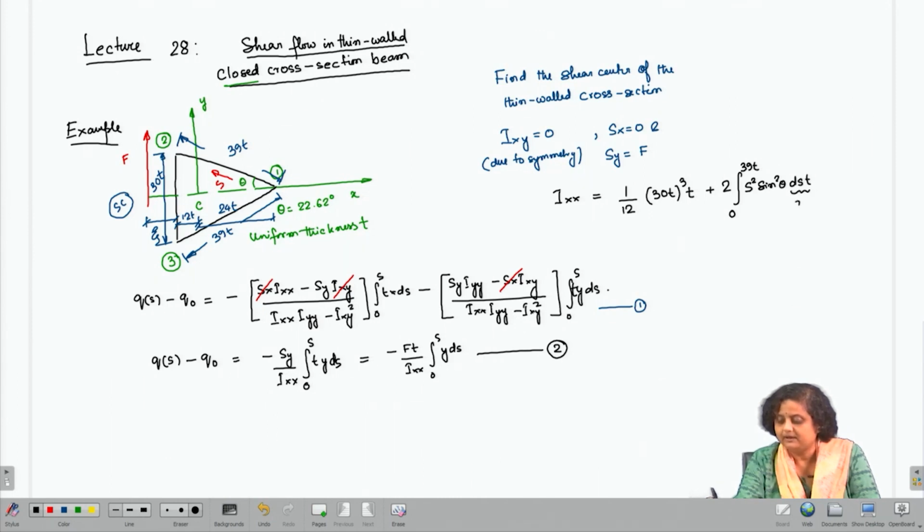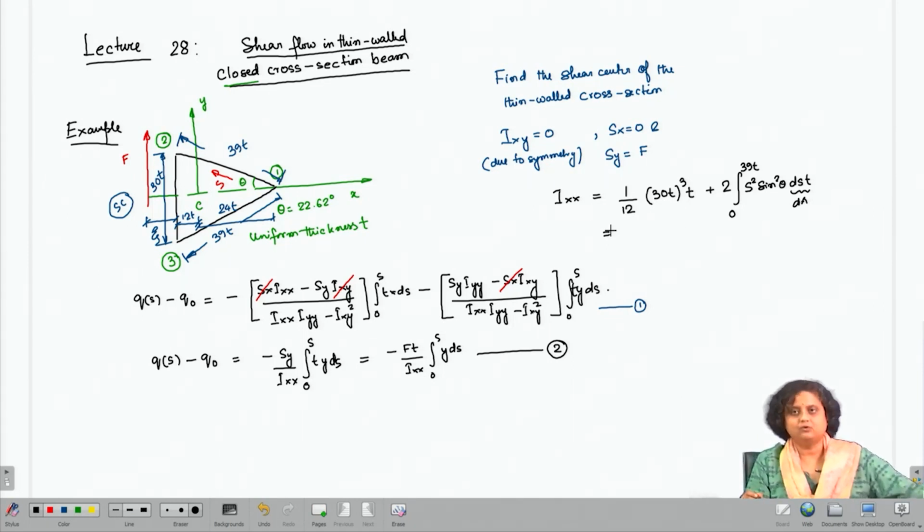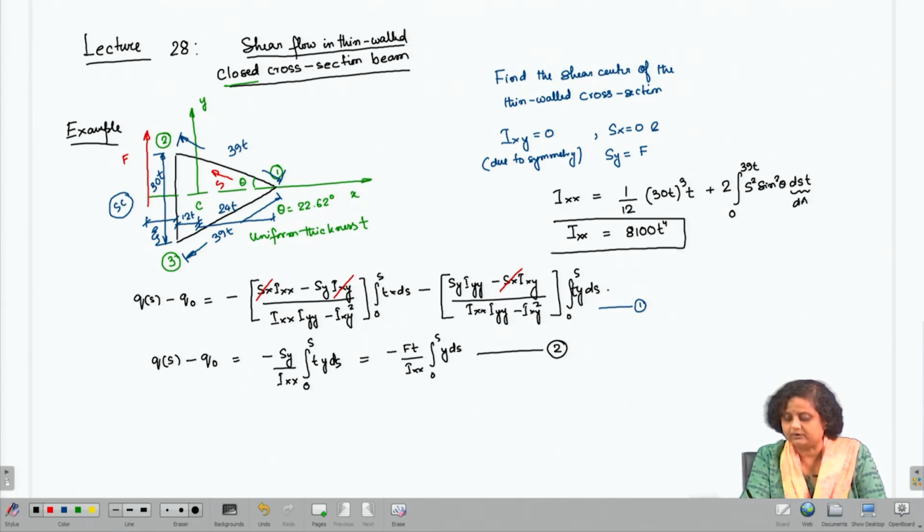So, this is my elemental area. If I integrate this and plug in the value of theta as 22.62 degree, we can evaluate I x x, and we will find that it is 8100 t to the power 4. So, that is the only sectional property that we need.